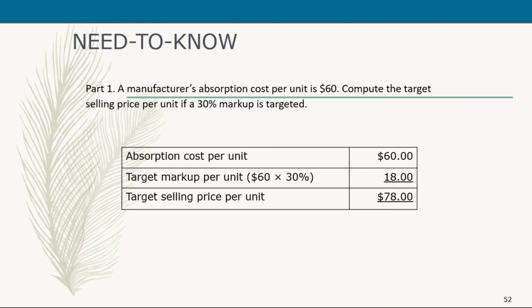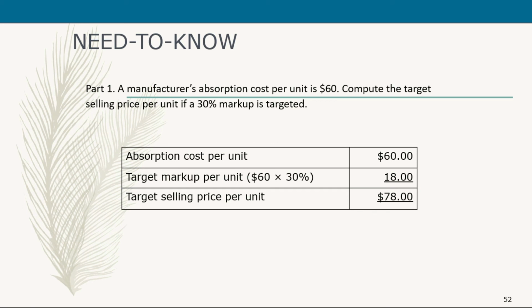So for our first problem pertaining to setting the prices, part one, a manufacturer's absorption cost per unit is $60. Compute the target selling price per unit if a 30% markup is targeted. So in here we have an absorption cost per unit of $60, and according to the company, they want to set the markup at 30% based on cost.